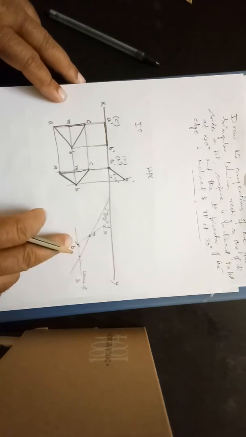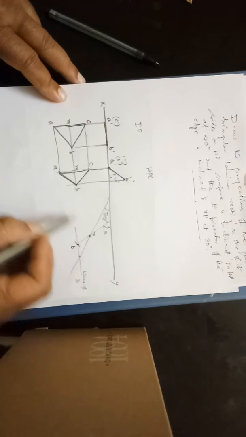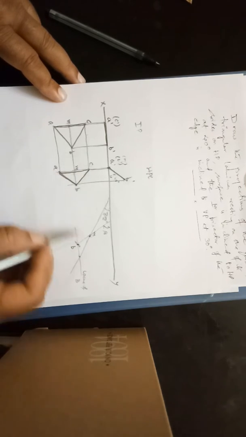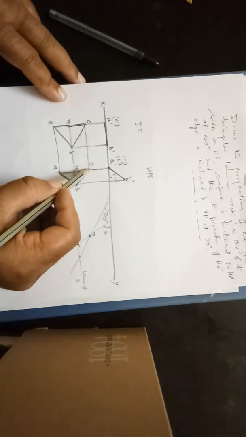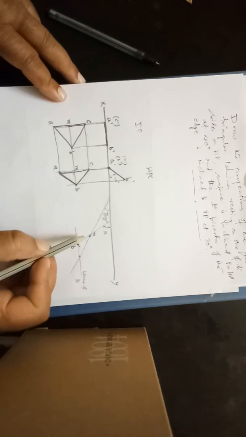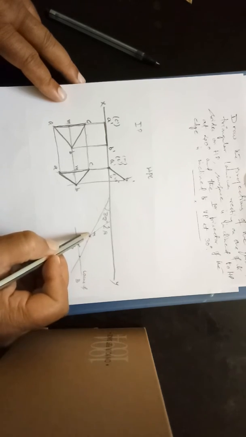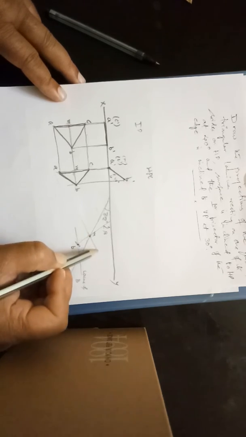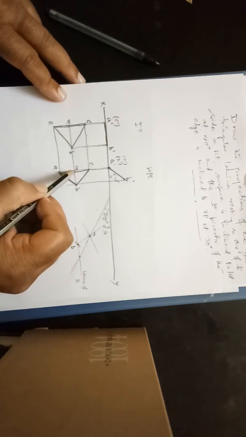Now next, you have to draw this top view in this position. How to draw this top view in this position? You know MB, this line is perpendicular to AC. So you have the line MB, draw a line perpendicular to MB passing through M. Next measure MA and MC.